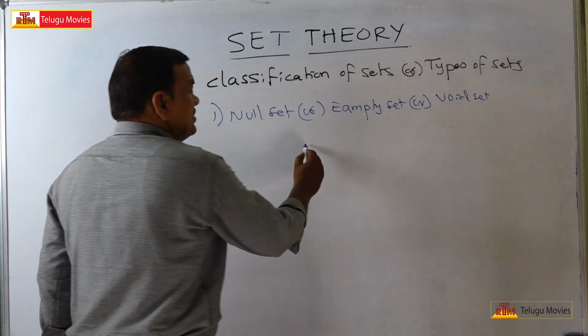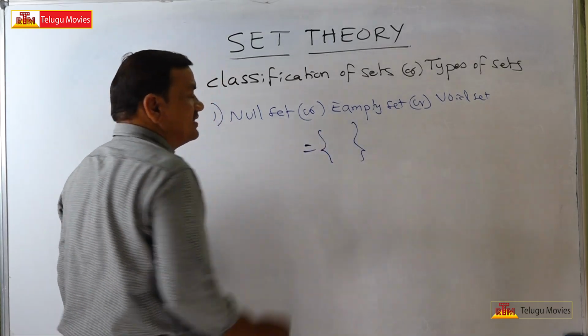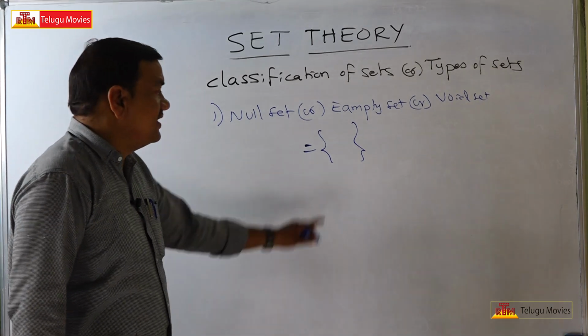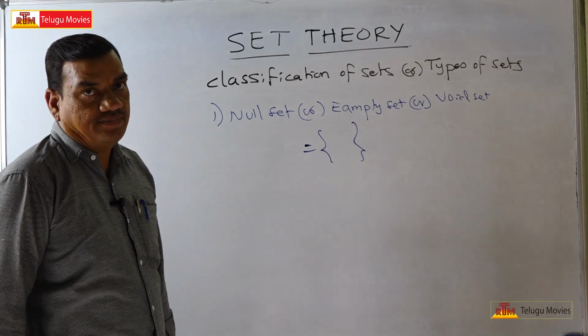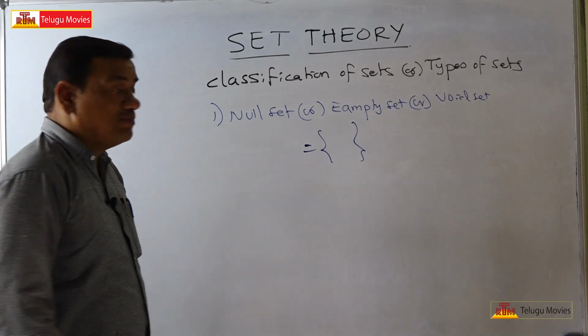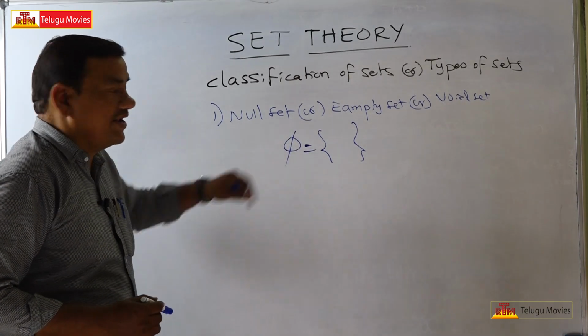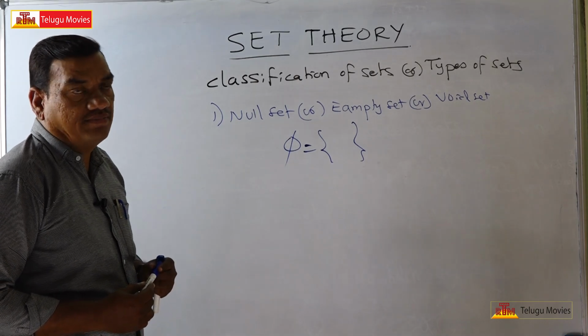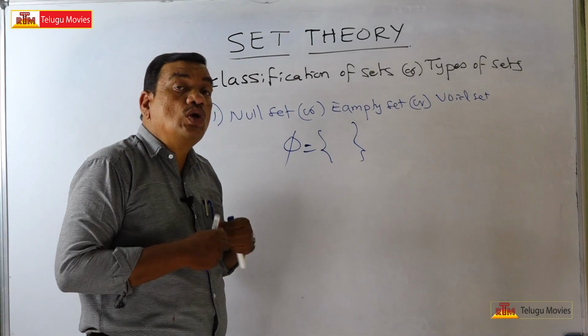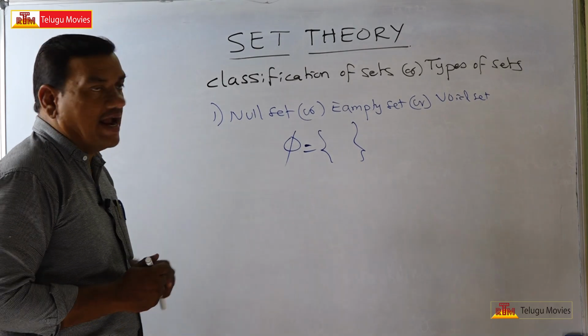If a set consists of no elements, then it is called an empty set. Empty sets are specially denoted with the Greek letter phi. That means a set containing no element is called an empty set.